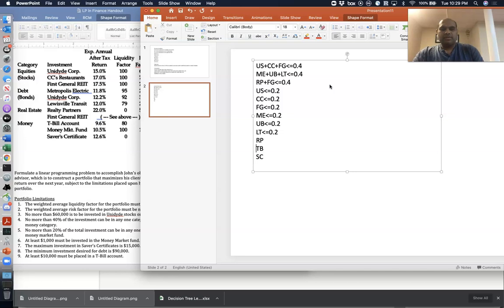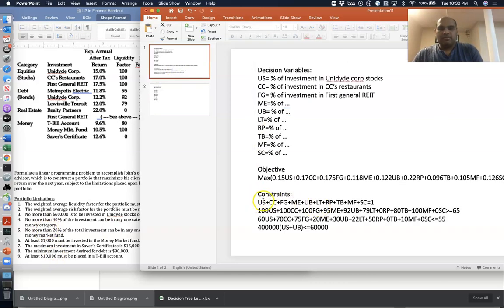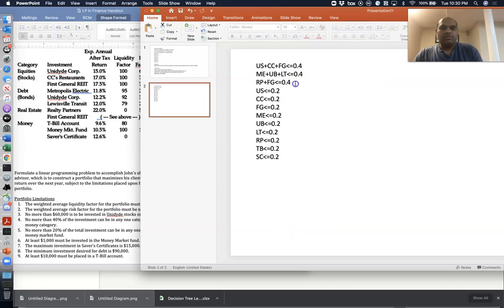All of this has to be less than or equal to 20%. So these are all constraint number 5. So this is the hidden constraint, this is the first constraint, this is the second one, this is the third one, these 3 are the fourth one, and these 9 are the fifth constraint.